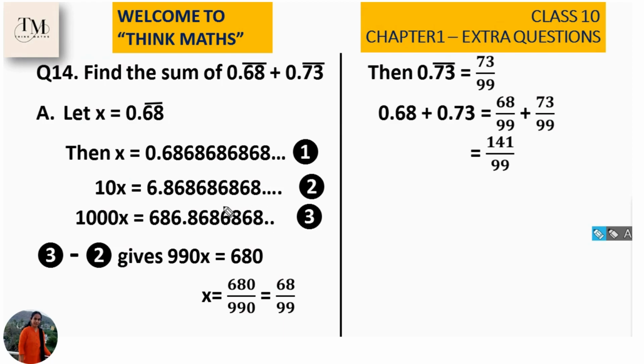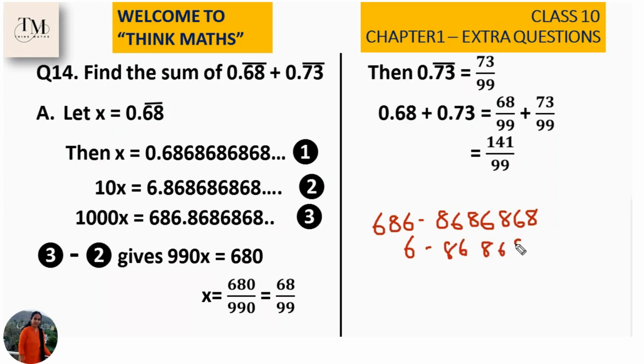So if you subtract the right hand side, that is 686.86868 and 6.86868, the difference will be 680 point some zeros.